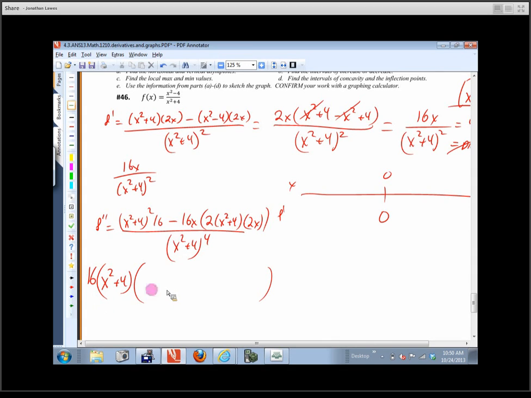So this is going to be x squared plus 4 minus, I took out the 16, so I'm left with, let's see, what have I got here? 4x squared? Is that right? All over x squared plus 4 quantity to the fourth.